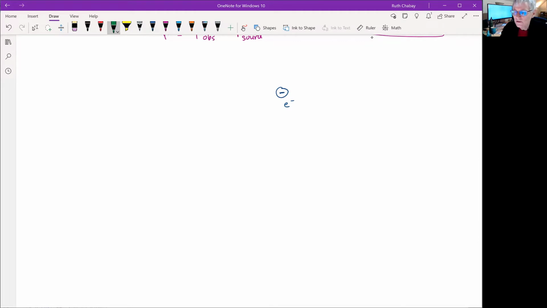So here's our electron, here's our observation location. This is our source charge. And we want to calculate the electric field of this electron at this observation location.